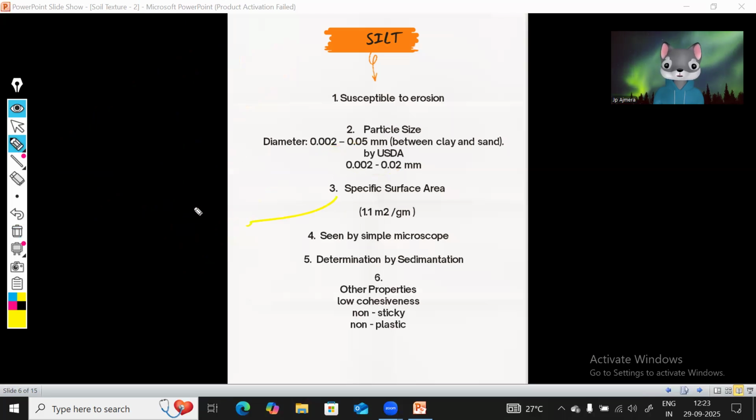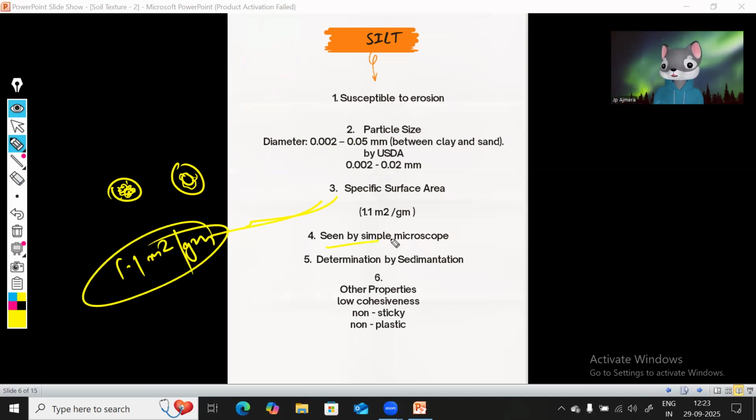So what is the specific surface area? In the same area there are that many particles, and different particles contain different surface areas. So the surface area is quite high comparatively. There is 1.1 meters square per gram.